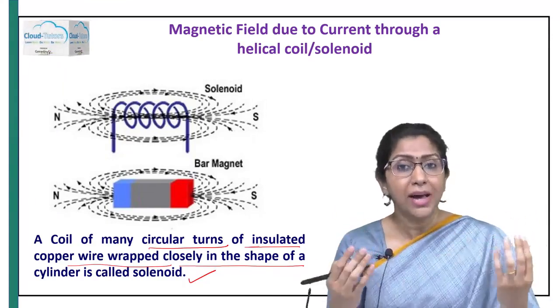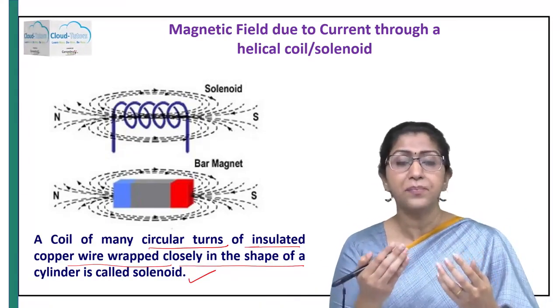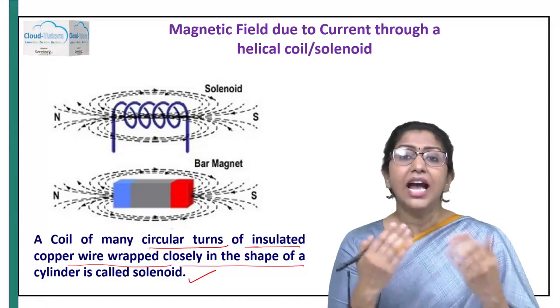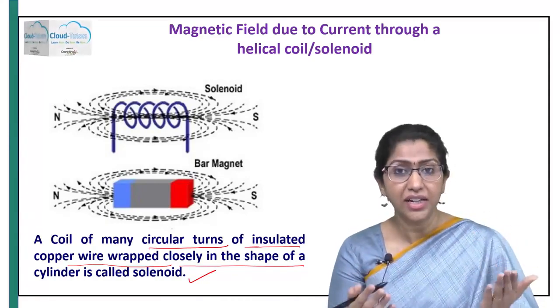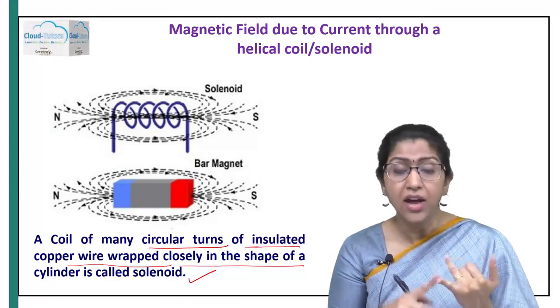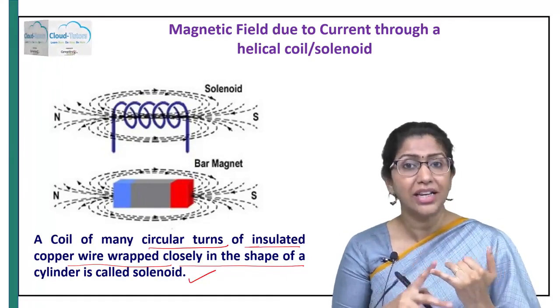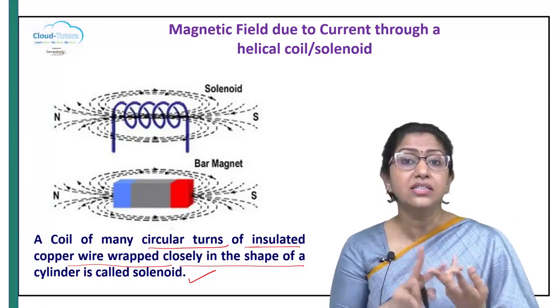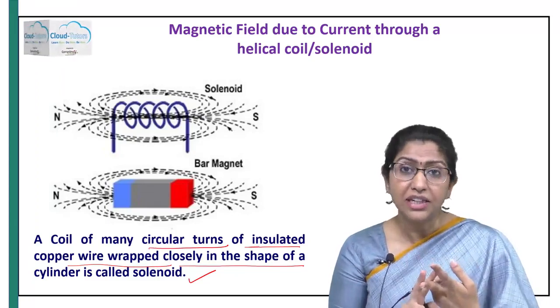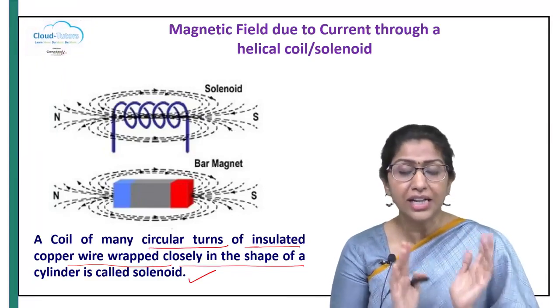Hence, wherever we use bar magnets which are not very strong, we can definitely make use of a solenoid, wherein we have advantages like we can vary the strength of the magnetic field by varying the amount of current passing through the coil, and also we can reverse the poles of the magnetic field induced around the solenoid by reversing the direction of the current.